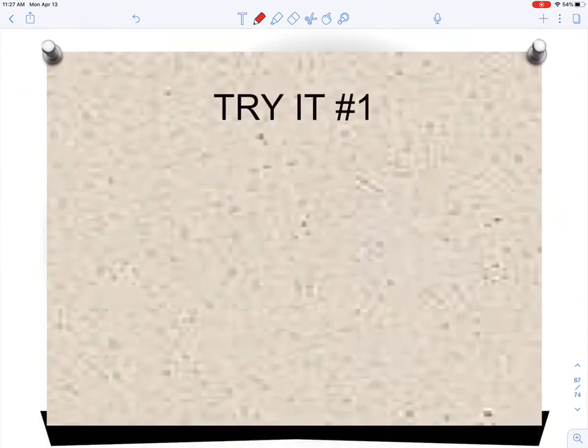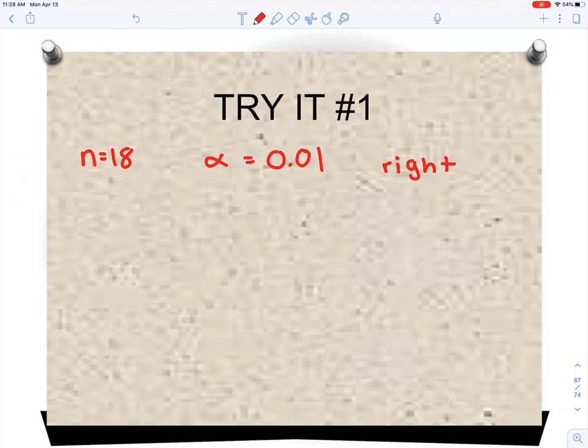So number 1, find the critical chi-square value for the right-tailed test when your n is 18 and your level of significance is 0.01. Okay, and it says it's right-tailed. So I'm going to start off by finding my degree of freedom, which would be 18 minus 1, or 17.